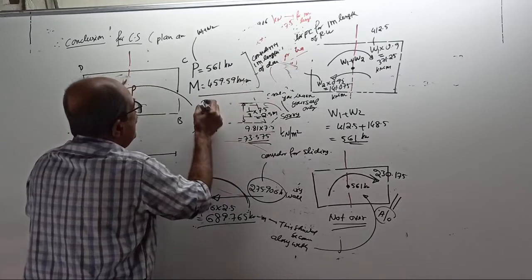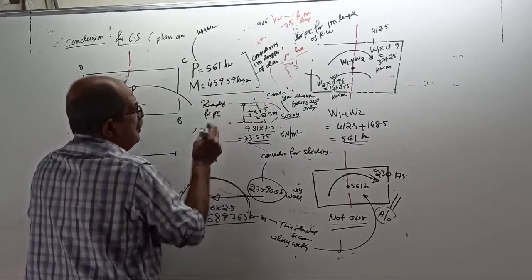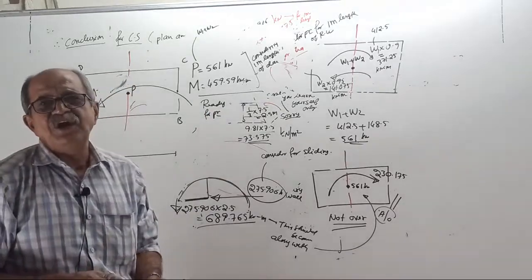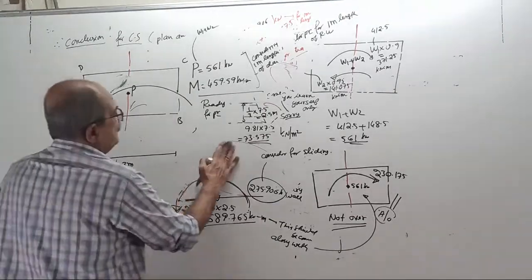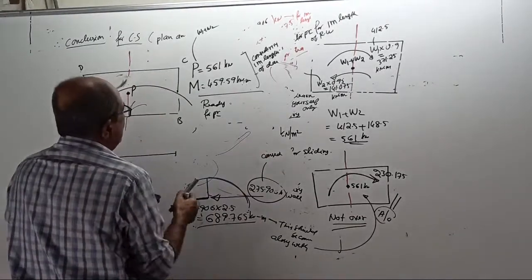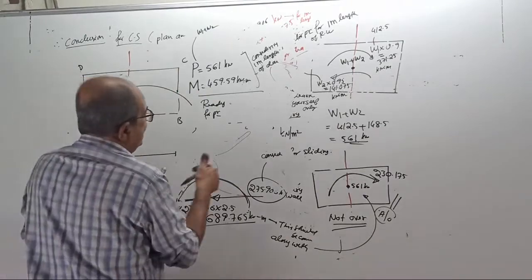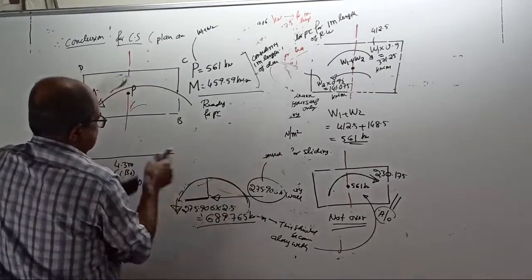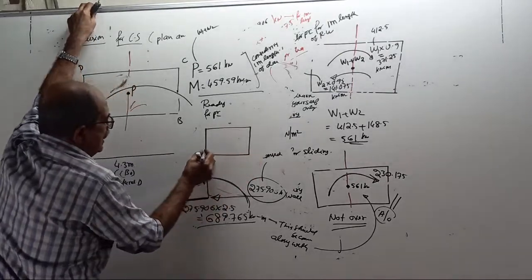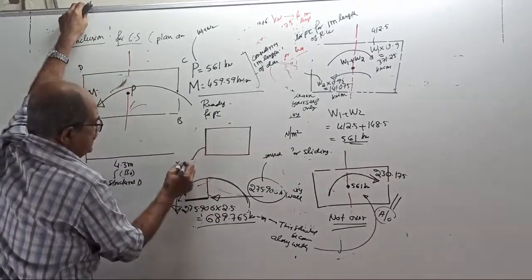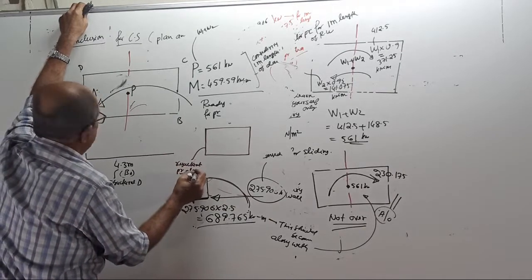Now ready for pressure calculation. I will call it A, B, C, D. Now do one thing. You tell me what is the resultant pressure along which edge?